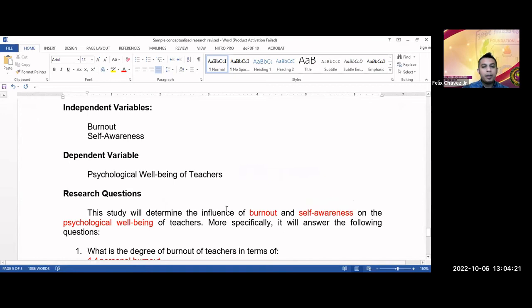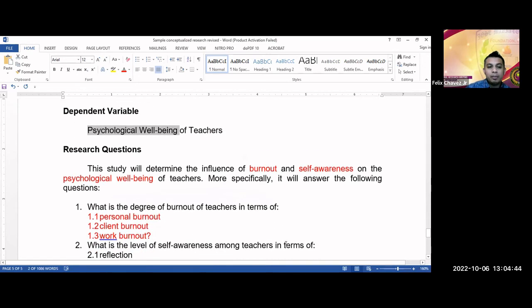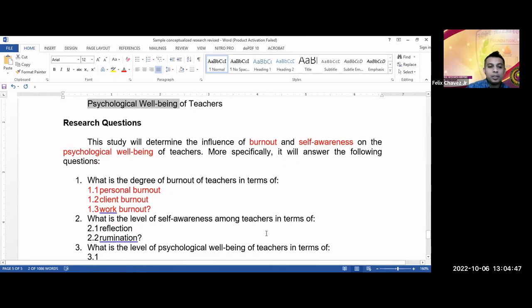So our independent variables in the example are the burnout and self-awareness. So burnout is the first independent variable and self-awareness is the second independent variable. The outcome variable or the dependent variable is the psychological well-being. So to provide objectives, we can have it in a form of research questions, or sometimes it is called a statement of the problem.